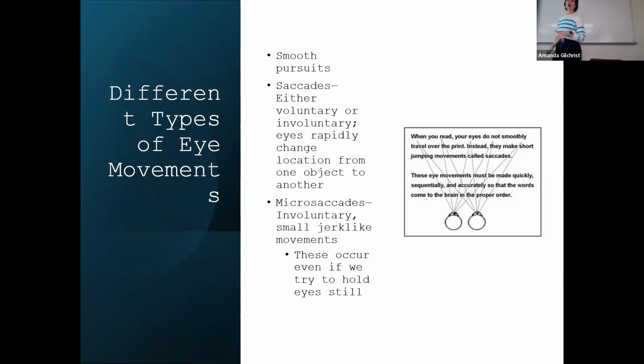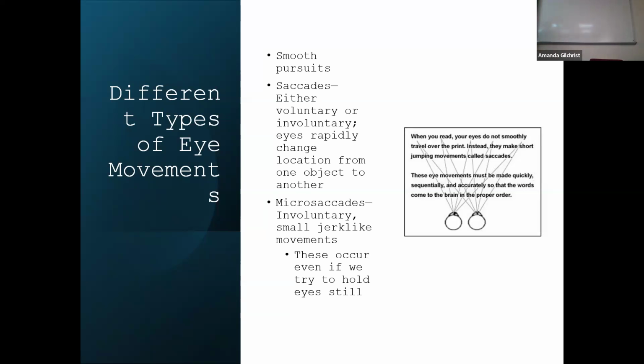We're also going to talk about what are known as saccades, and what are called microsaccades. Saccades can be either voluntary or involuntary. This is when our eyes rapidly change their location from one focus to another.